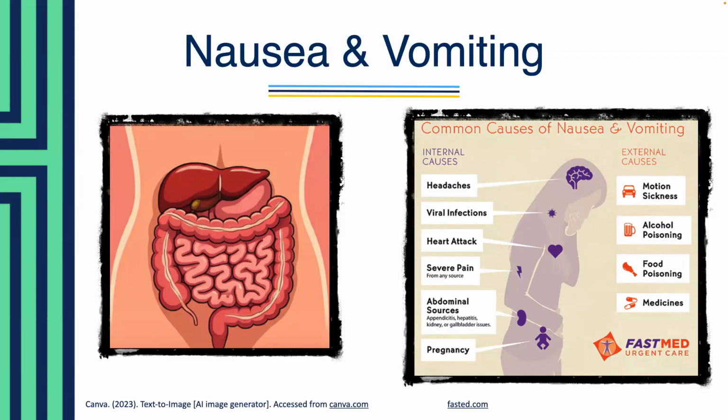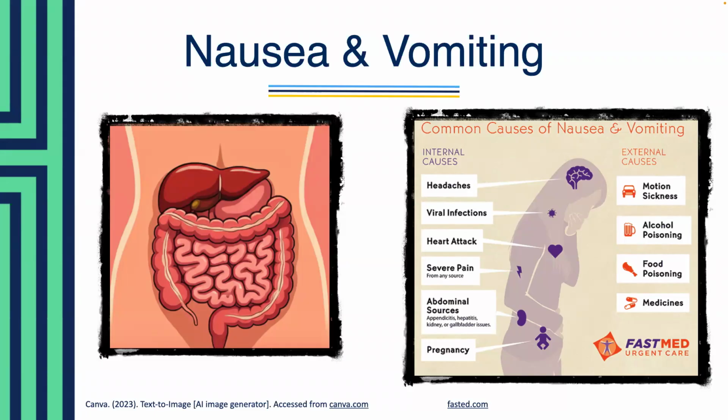When we look at vomiting, it's the forceful expulsion of stomach contents, which can be triggered by various factors, including infections, medications, and central nervous system disorders. It involves a complex physiological process, including deep inspiration, closure of the glottis, relaxation of the lower esophageal sphincter, contraction of abdominal muscles, and then reverse peristalsis, which helps with the action of vomiting.